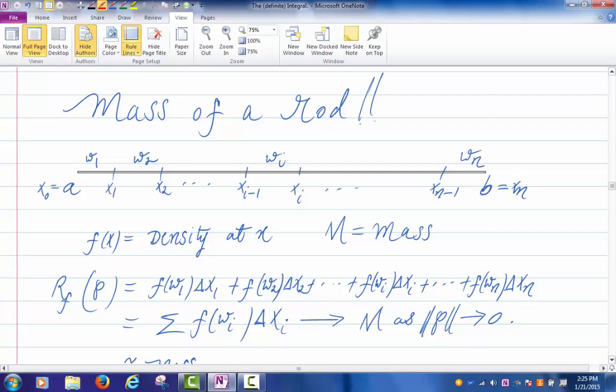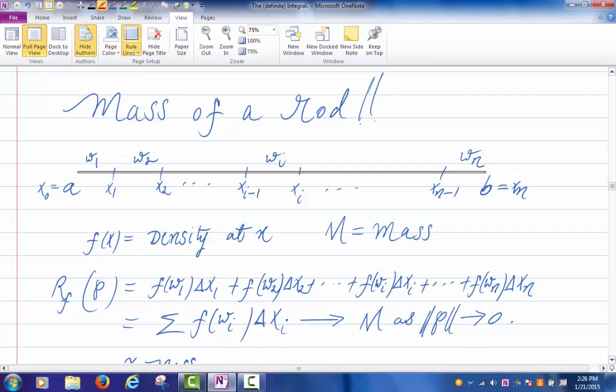Let me ask you this: if I say that it took you 2 hours to go from here to Columbus, and you drove with constant speed of 60 miles per hour, what distance did you cover? Your speed was constant 60 miles per hour, and you drove 2 hours.